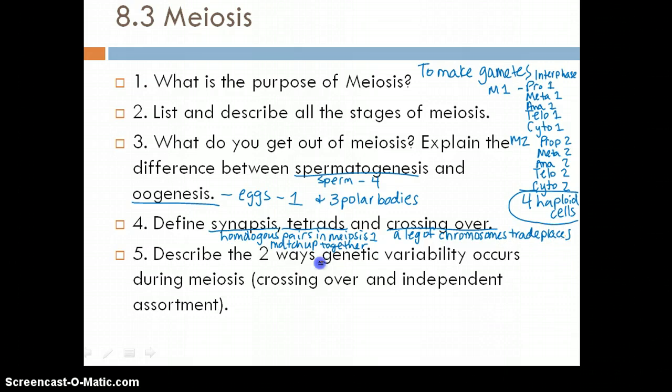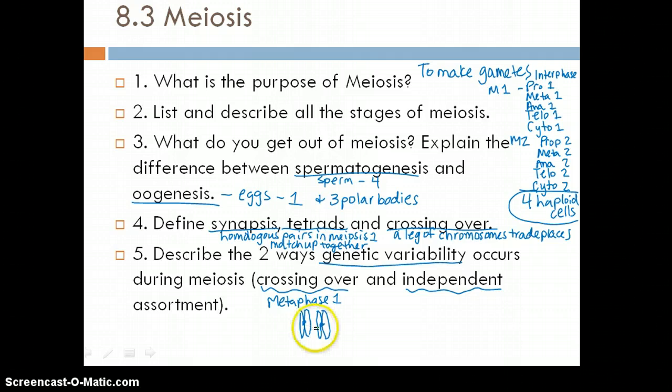The 2 ways genetic variability occurs during meiosis are crossing over, which we just described, and then independent assortment. Crossing over occurs during metaphase 1 when they're lined up next to each other. So you have this chromosome that's lined up here next to another chromosome lined up here.